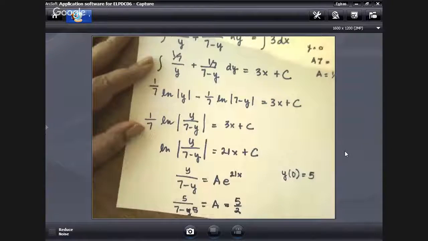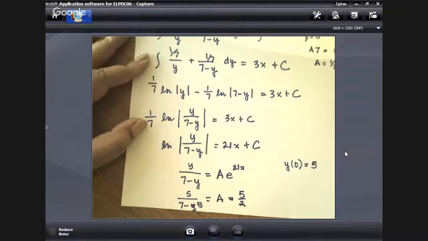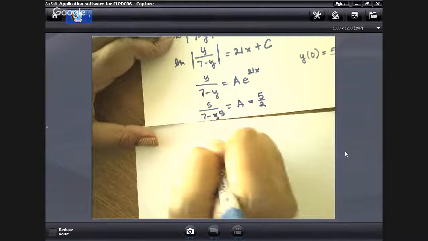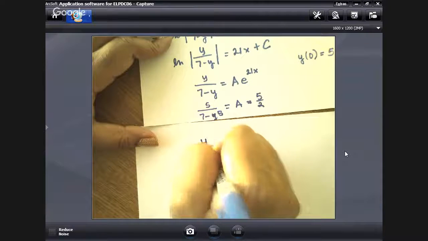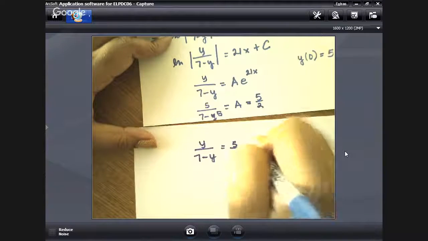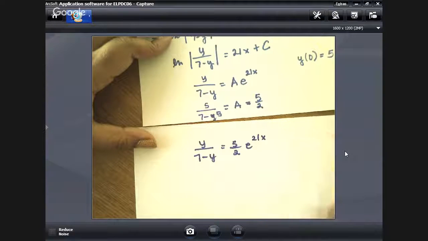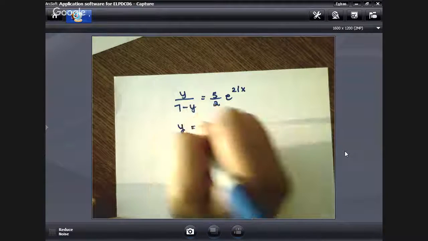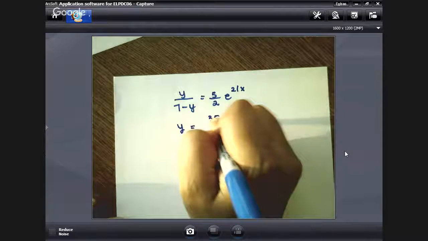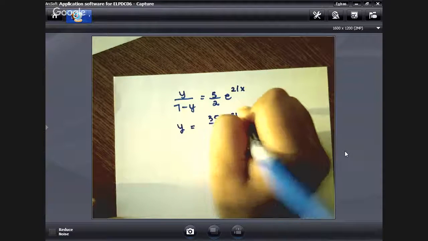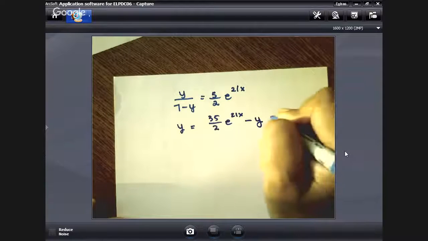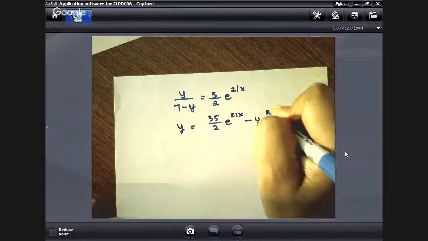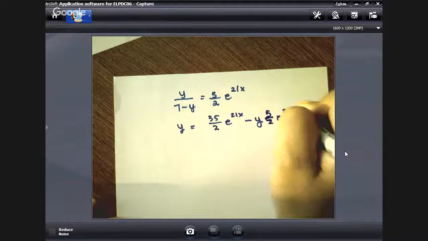Once I get to this point, I'm pretty much going to need to do some algebra. So y over (7 minus y) is equal to 5 halves e to the 21x. Solving this equation for y, because I'm not done until I solve it for y: y equals 35 halves e to the 21x minus y times 5 halves e to the 21x.